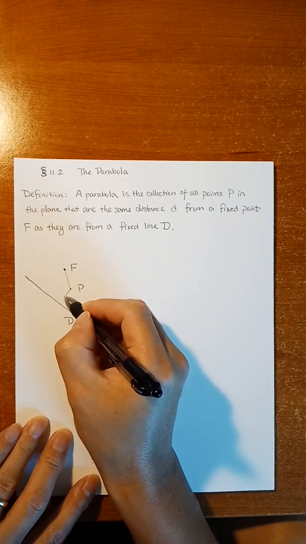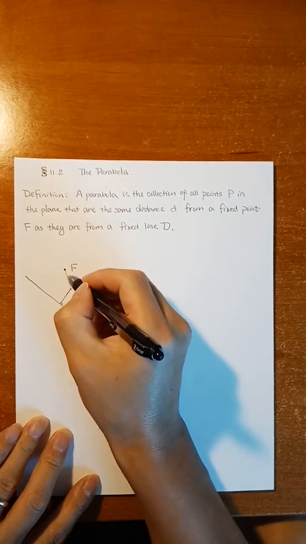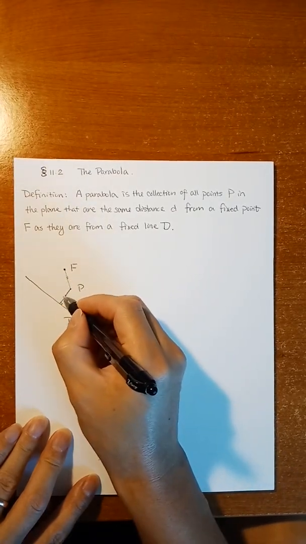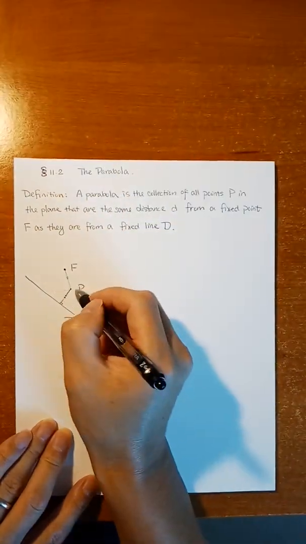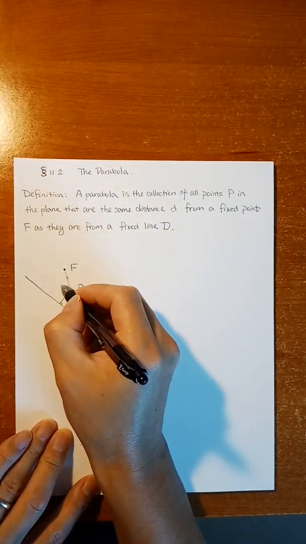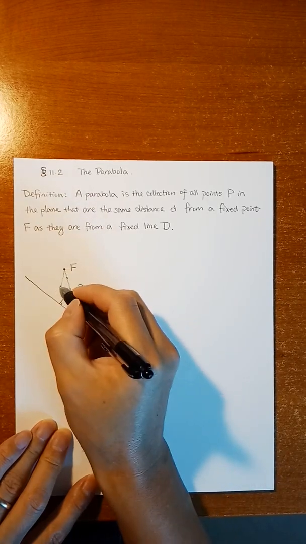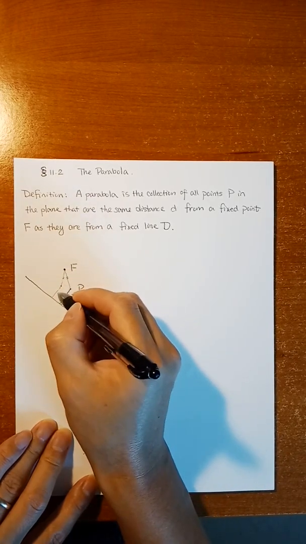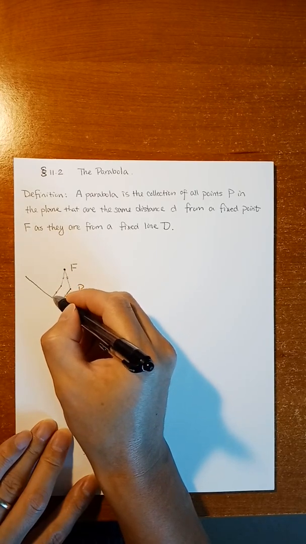This distance, you just draw the perpendicular segment. Okay? We require this segment and this segment have the same distance. Then this P is on the parabola. And P could be here, P possibly could be here. You just move this P to satisfy this condition: the distance PF is equal to the distance from P to d.